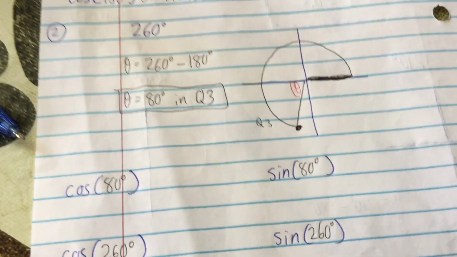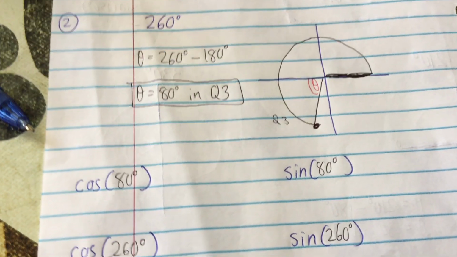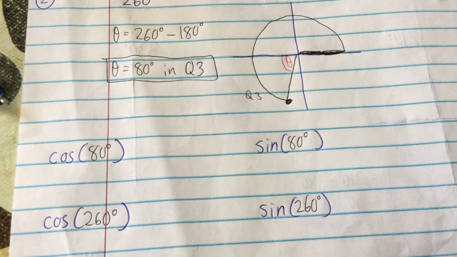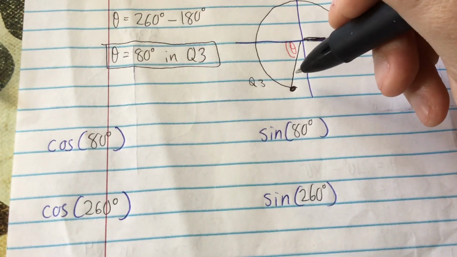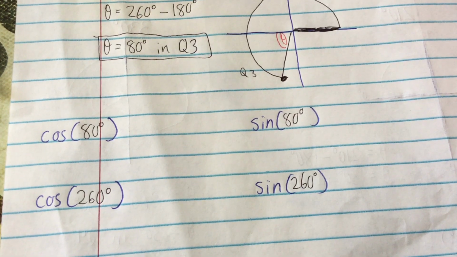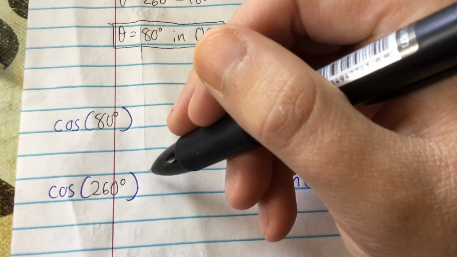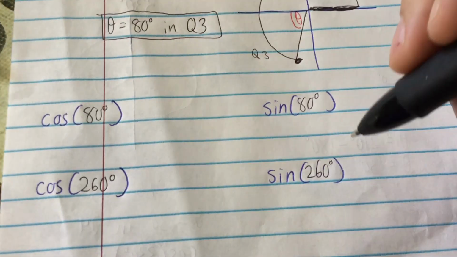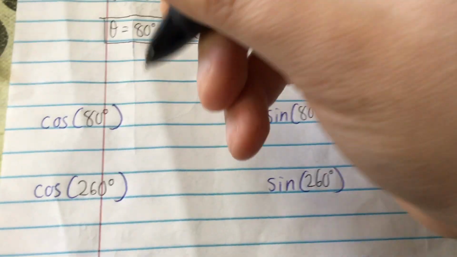No. But I care about whether the digits are similar and that their positives and negatives act accordingly. So since it's in quadrant 3, what do we know about the cosine and sine of quadrant 3? My theory is that they're going to be the exact same digits, but the cosine and sine of 260 are both going to be negative. A negative cosine and a negative sine.